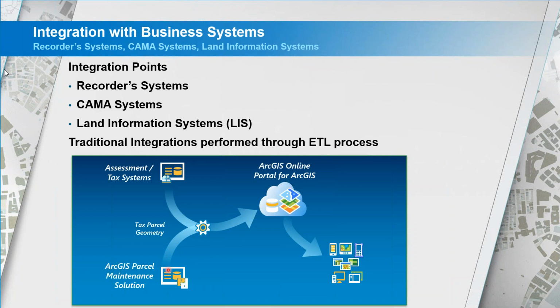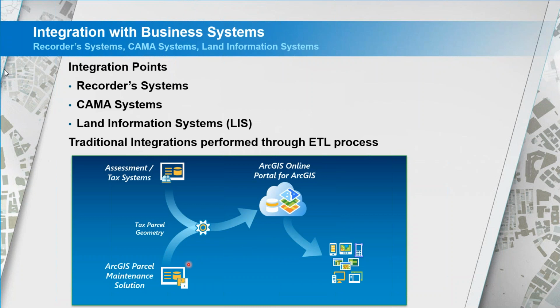So we would have our parcel maintenance application out there, and we would have our assessment, our tax system, our land information system out there, and we would write some sort of export from that system and an export from our parcel system, and we would put it together with a script and then publish that information so that all our other applications could get a hold of this, whether that be a web app or a mobile application, or even a desktop application into another business system. That information was made available through that ETL process.